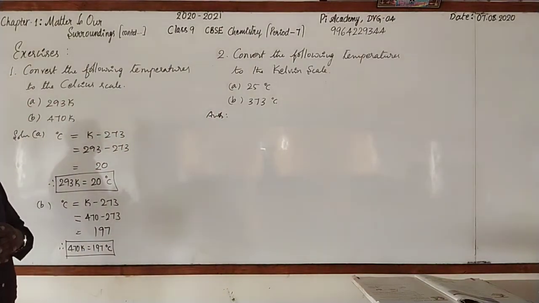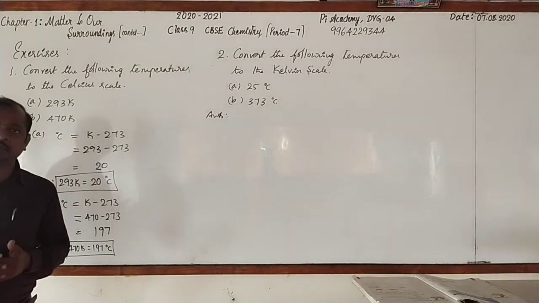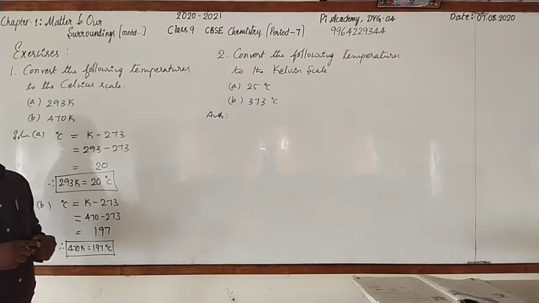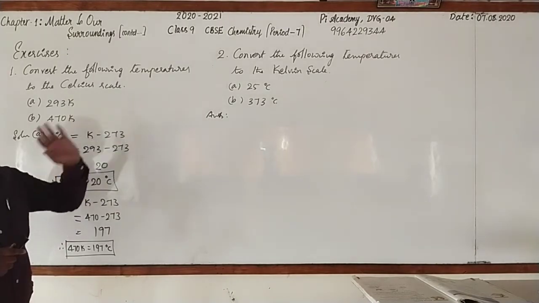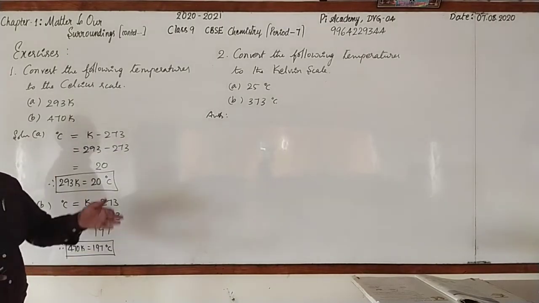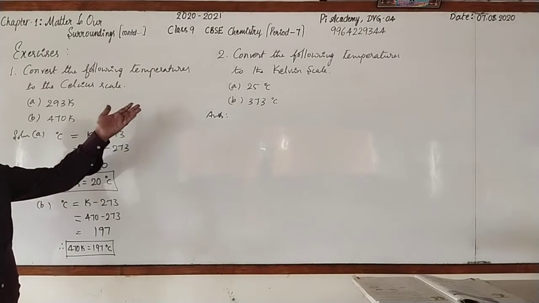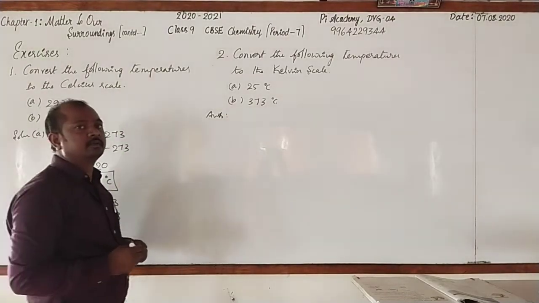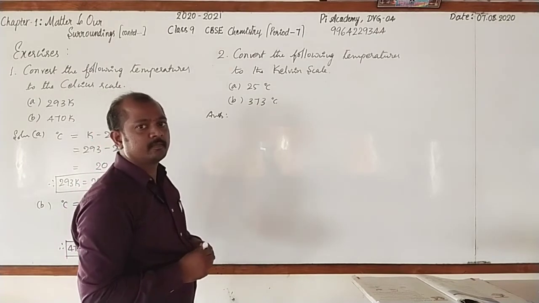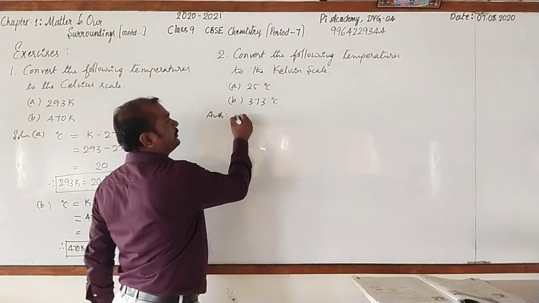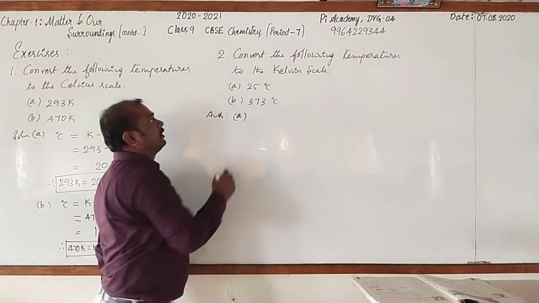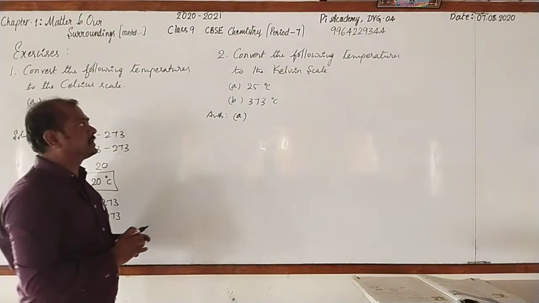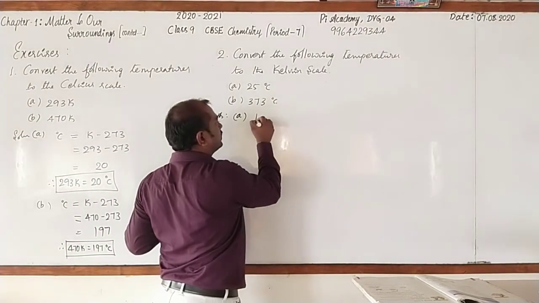Let's move on to the second one. Convert the following temperatures to the Kelvin scale. Hope that you can do that. You just solve it yourself. Pause the video, solve it yourself. Then after that, again, you can go through what I am going to write. Okay? Observe. Here, temperature has been given in Celsius. It should be converted into Kelvin.